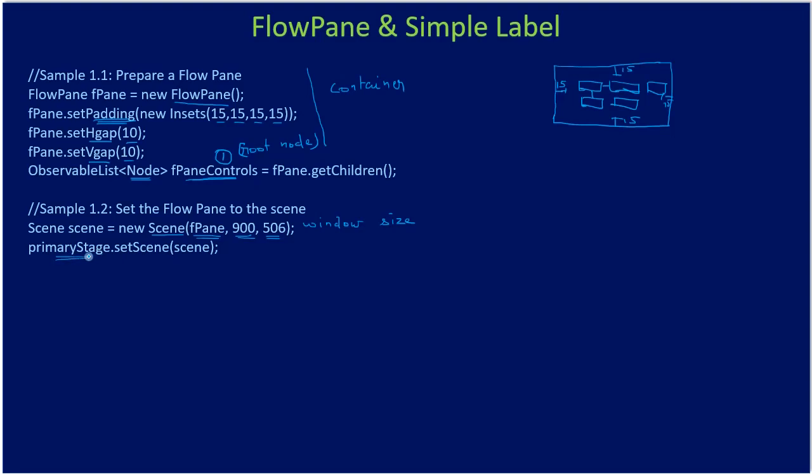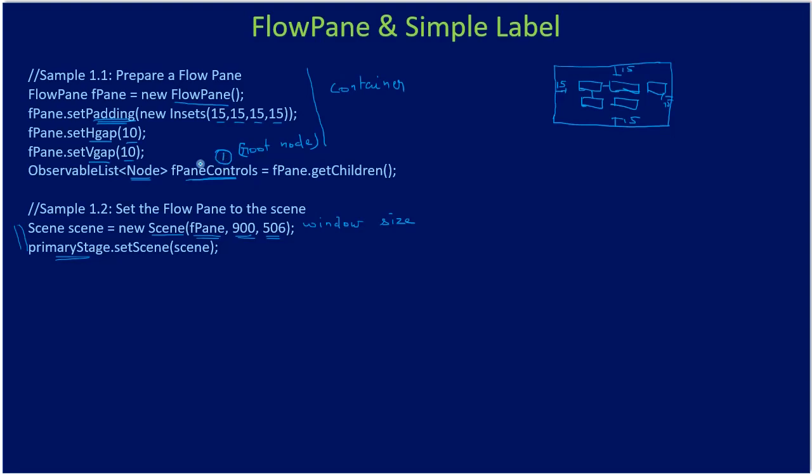We are writing this code inside the start method that receives the primary stage as a parameter. So we create the scene, give it a FlowPane, then give that scene to the stage.